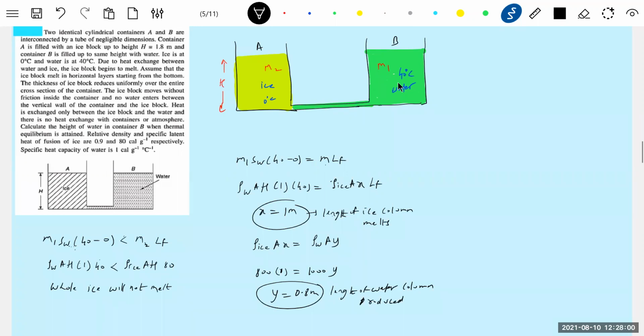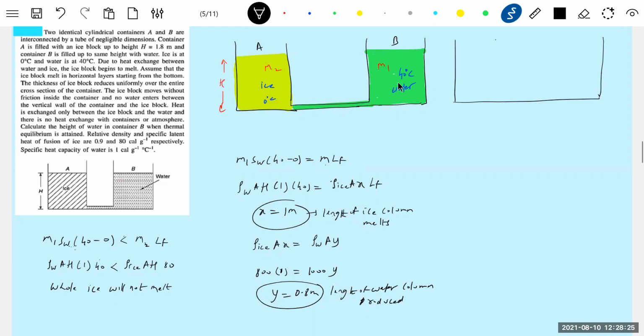Level of water is asked, no? So how much water will go on this side, how much will stay here? We don't know that. Am I right? Some Y length of water is formed here. Will it stay here only? No, some part of water will go there, and this level of water will rise. So finally, we get a situation like this.